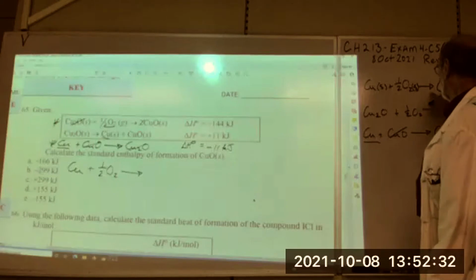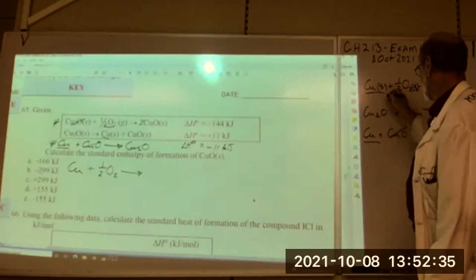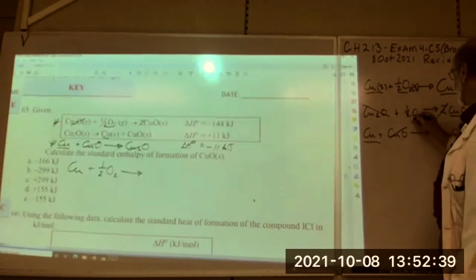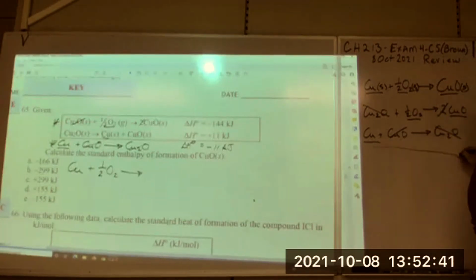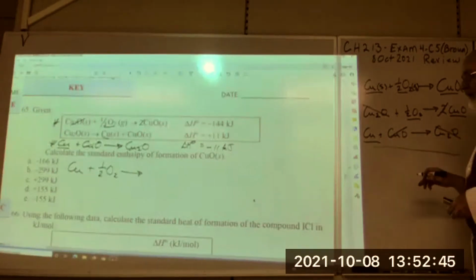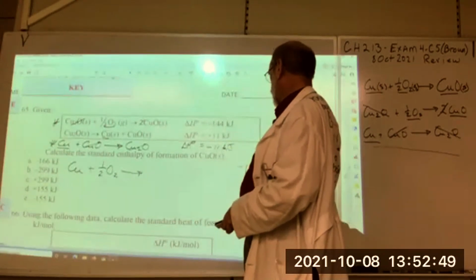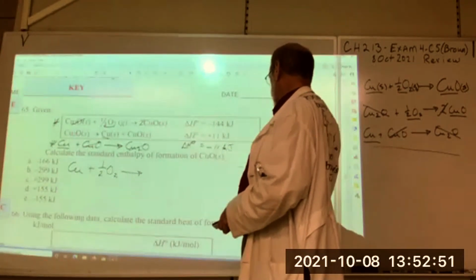There's that one. Okay. This one cancels that one. And this one is there. That one's there. Okay. So when we add those together, we get the equation that we were looking at. And now we just add these together, which is minus 155 kilojoules.